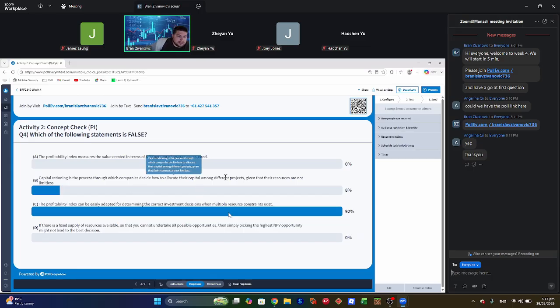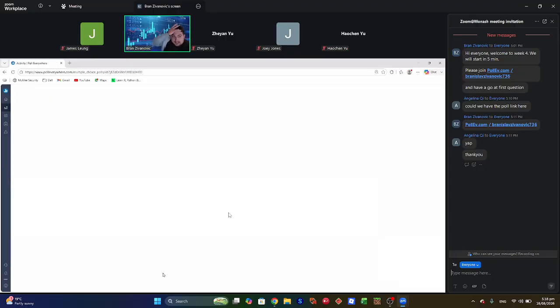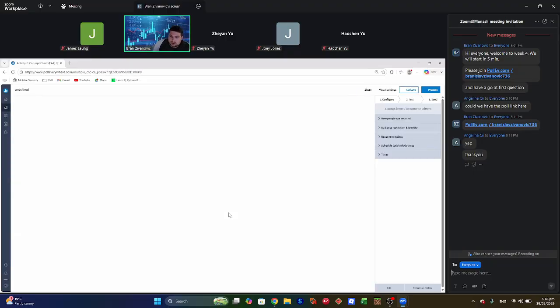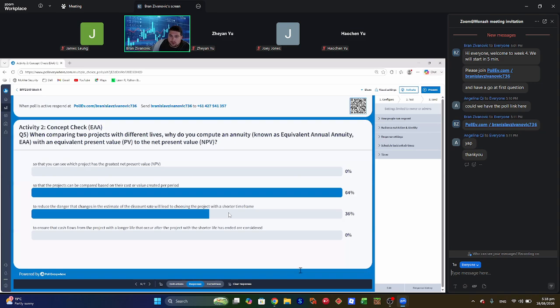So we've got the correct answer there in C. The profitability index can be easily adopted when we determine the correct investment decision with multiple resource constraints existing. So we are going to look at the question here on profitability index, and you'll find that when we assess the profitability index, looking at your formula sheet, we use the net present value of each project, and we divide the resources consumed by the net present value to get the right answer.